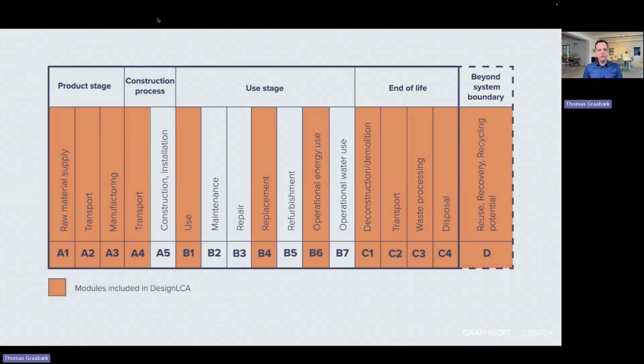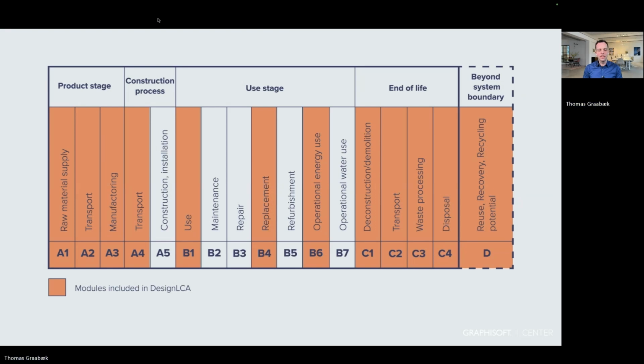The phases I showed you before, you can look at them in this way also. So we have the phases from the product stage, the construction process, the use stage, and the end of life. And DesignLCA will let you include all the orange phases.